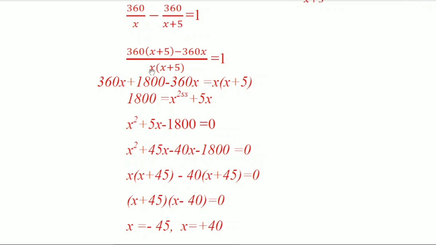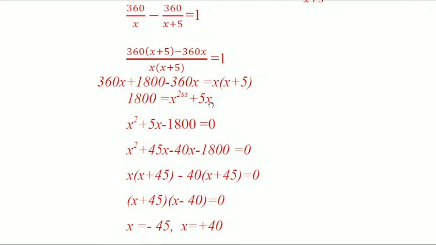So I am taking cross multiplication. 360 into x is 360x, plus 360 into 5 is 1800, minus 360x equals x into x plus 5. The minus 360x and plus 360x get cancelled. Remaining: 1800 equals x square plus 5x.